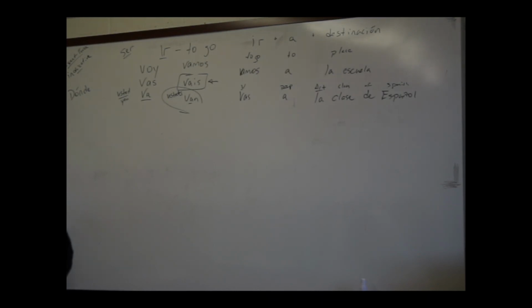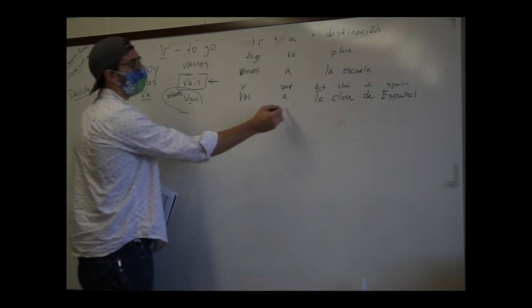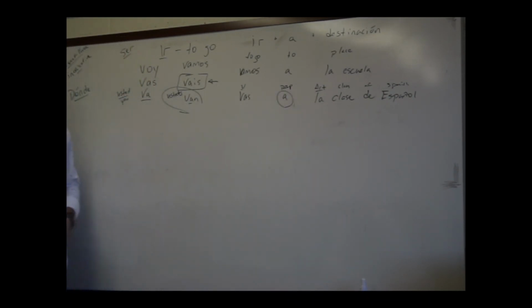That was one of the first question words we worked with. Where are you from? ¿De dónde eres? So dónde means what? Where, right. And we said that the word a means what? What does the word to, right. So if we say a dónde as one word, and it is one word, what does that mean?